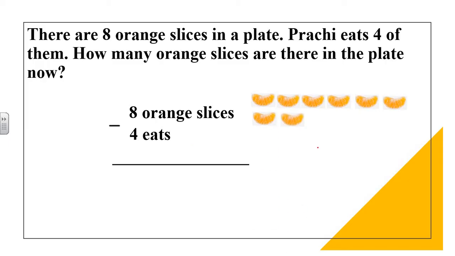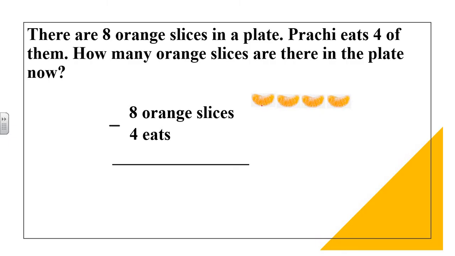So these are 8 orange slices as you can see, and from this she ate 4. So I'll remove 4 orange slices. 1, 2, 3 and 4. Now how many orange slices are left here? What is left in the plate now? We have to count.